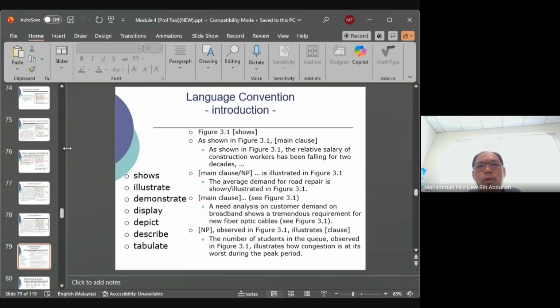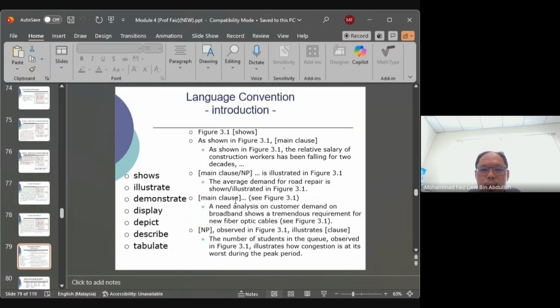So the format is like this: as shown in Figure 3.1. Another way is "as illustrated in 3.1". Or you can say the average demand for road repair is shown or illustrated in Figure 3.1. So these are different styles.